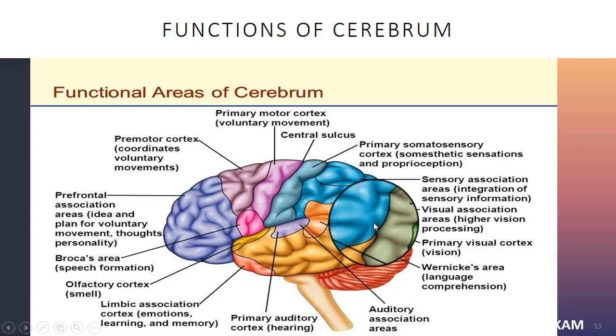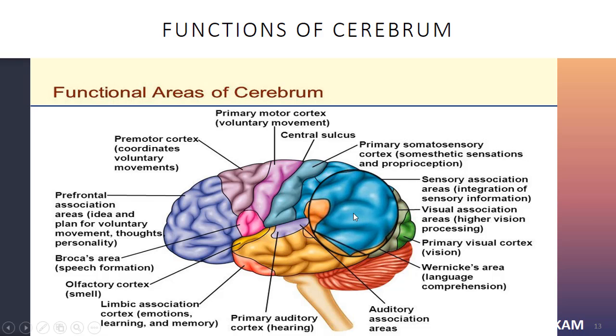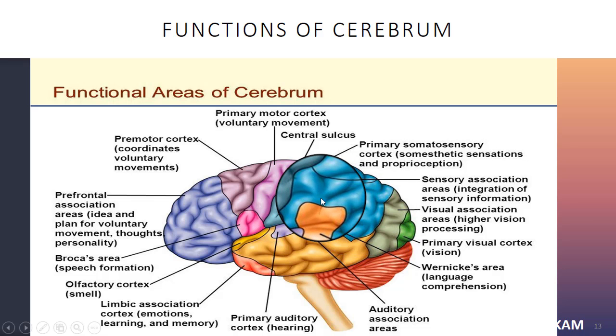The cerebrum houses the 4 major lobes we have already discussed, and each lobe has its own set of functions. Now we will discuss the exact function of each lobe.